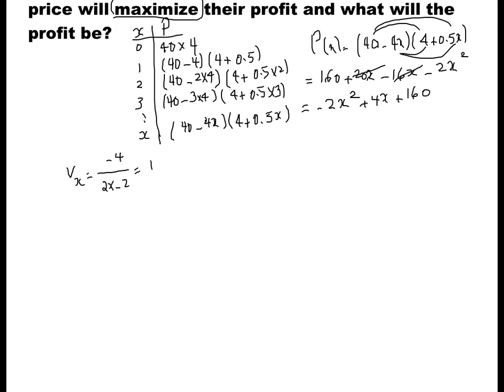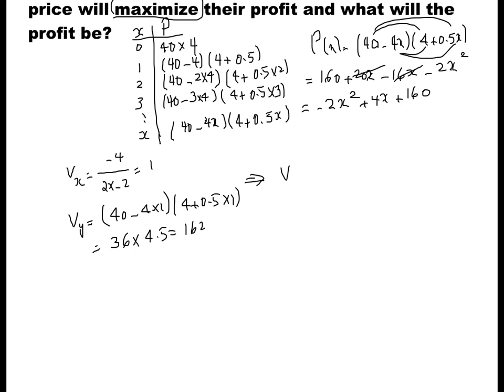Now, from here I can find that v sub y is 40 minus 4 times 1, times 4 plus 0.5 times 1. 40 minus 4 is 36 times 4.5, which is 162.